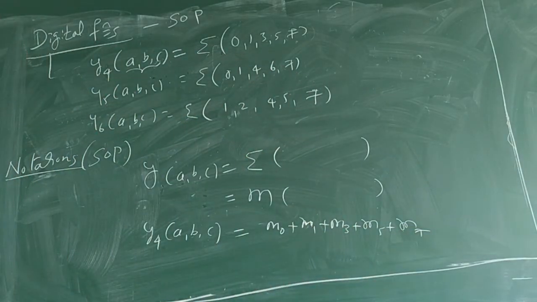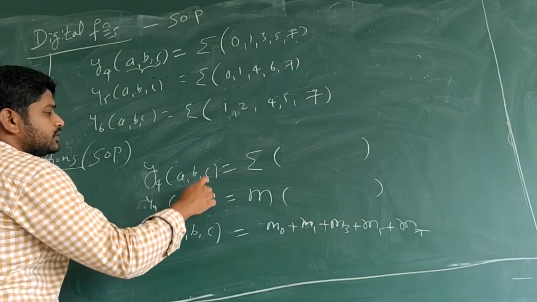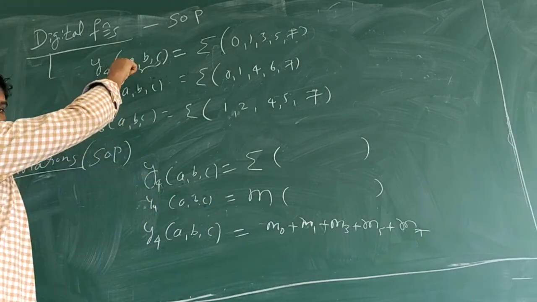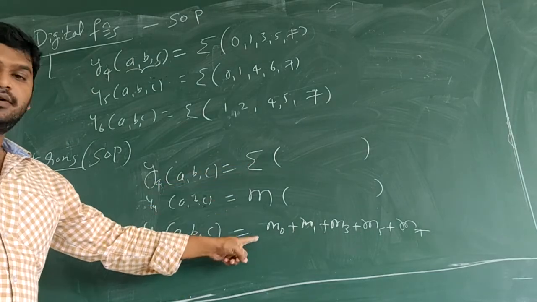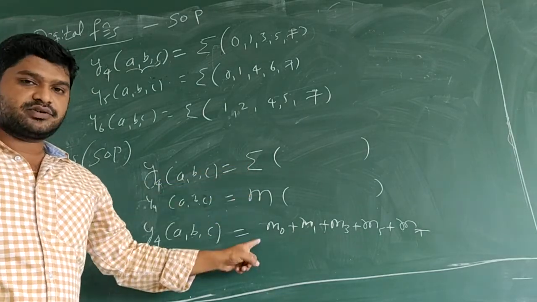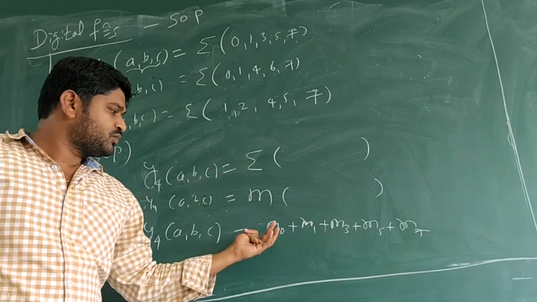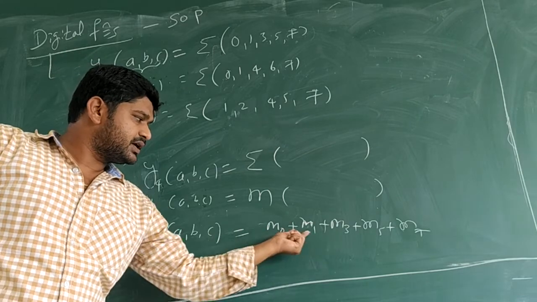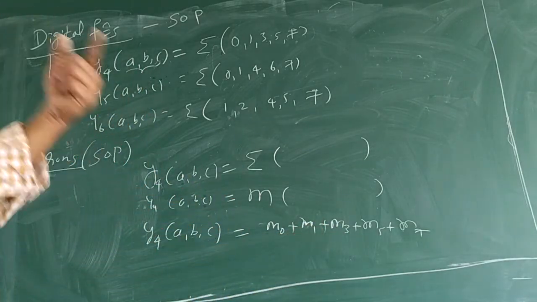Okay, so now exactness. Let me write y4. This function I have taken, I have represented in different notations. It can be used in the examination also. Summation, same as small letter m set, or it can also be written separately as small letters for individual function terms.